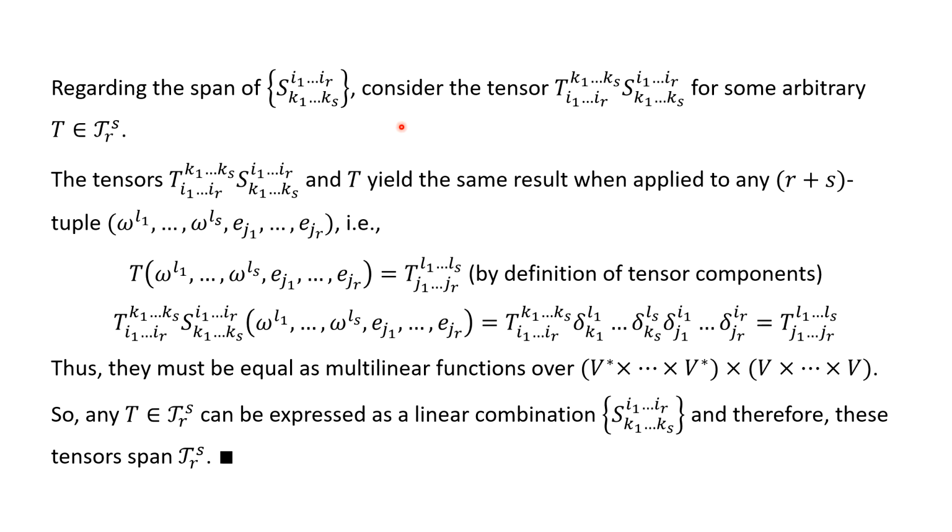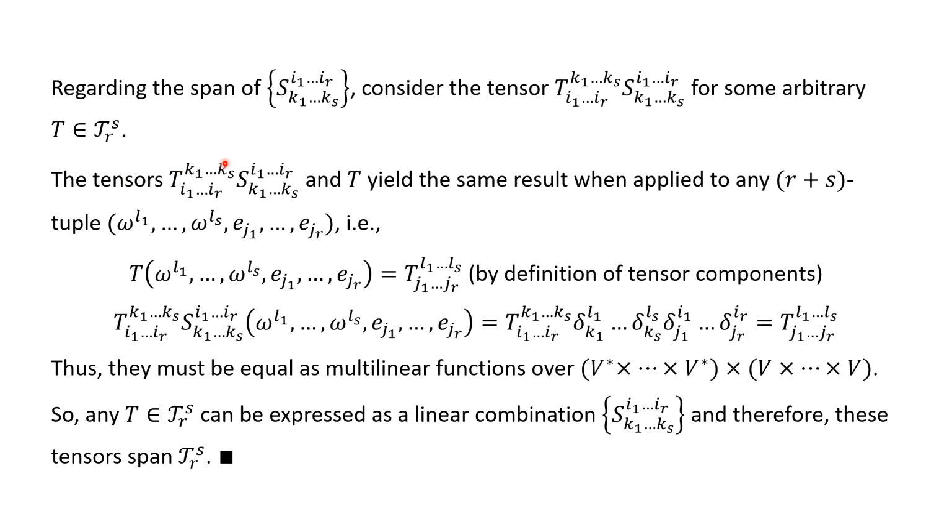The last part of our theorem involves showing that this set spans our tensor space. And to do that, we'll consider this product here, which is effectively a linear combination of the tensors from S based on some arbitrary tensor T, this thing here.